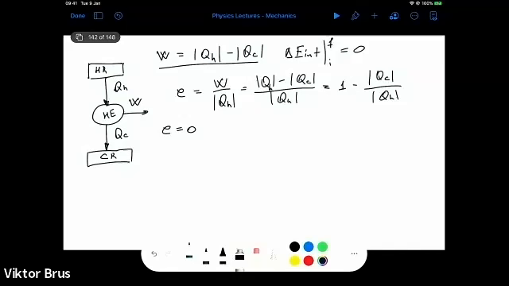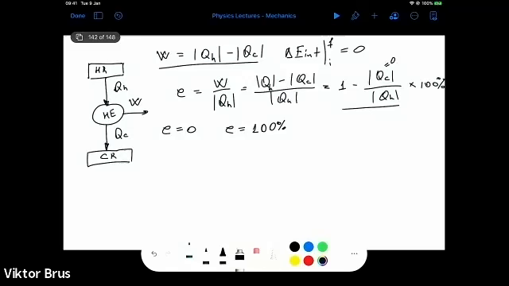However, there is another extreme case, which we are more interested in, when E is equal to unity, or we can write 100%, multiplying by 100%. It doesn't change anything. This case is possible, from this form of the equation for determining efficiency, only when QC is equal to 0.